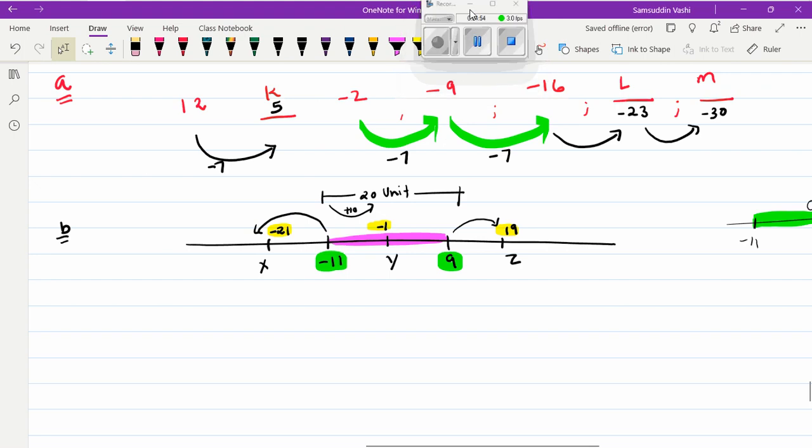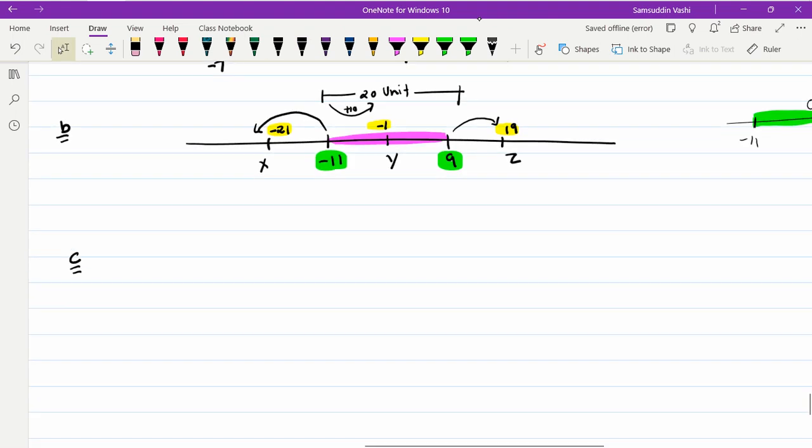So what is C? We need to use a greater than, less than, or equals to sign in between. So number 1, it's negative 77 and the other side is negative 79.